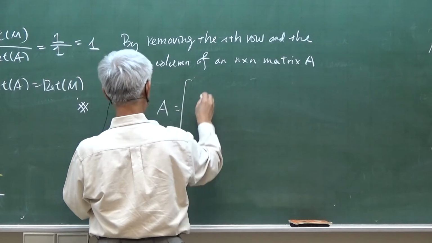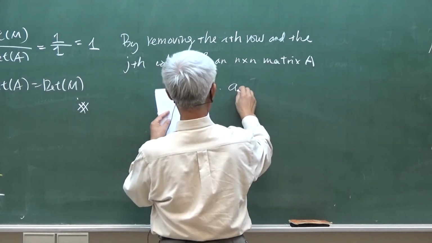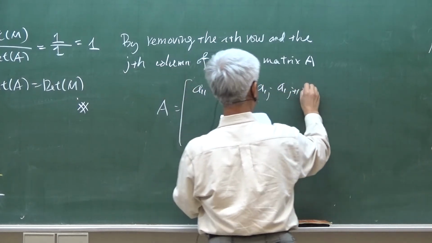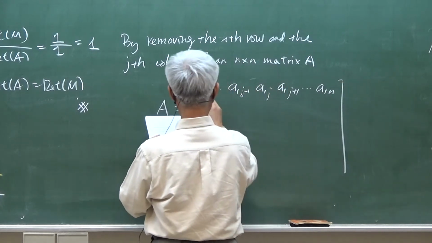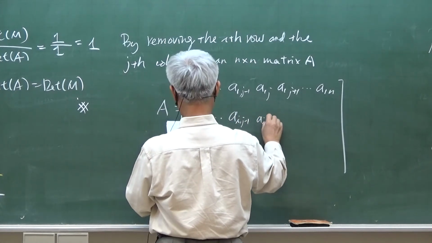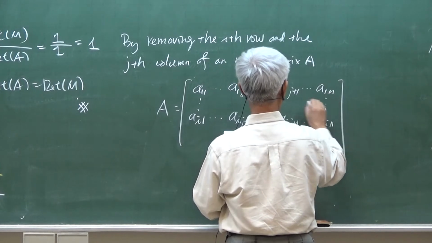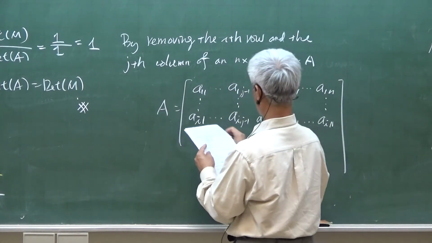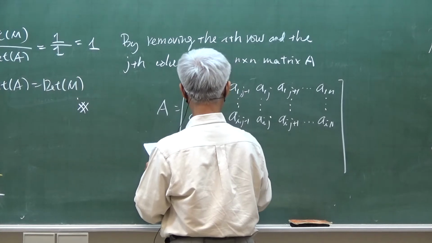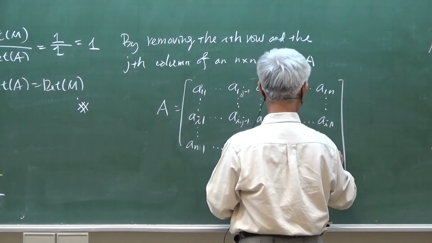Right, so A is A11, ..., A1,j-1, A1j, A1,j+1, ..., A1n; then the ith row Ai1, ..., Ai,j-1, Aij, Ai,j+1, ..., Ain; and the last row An1, ..., An,j-1, An,j+1, ..., Ann.